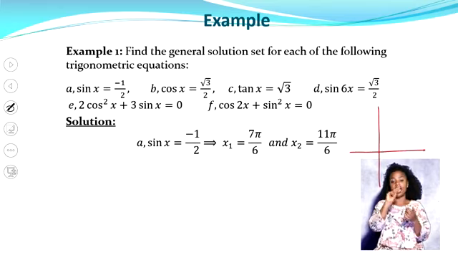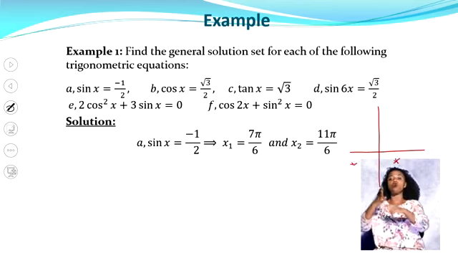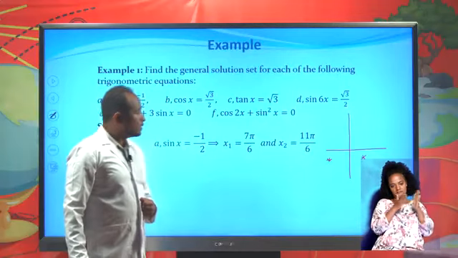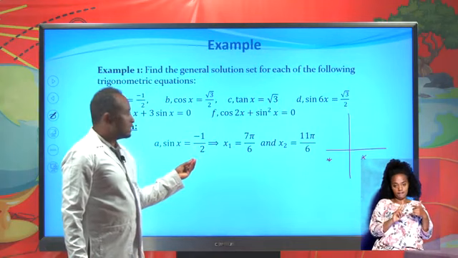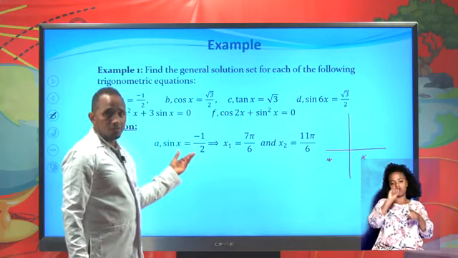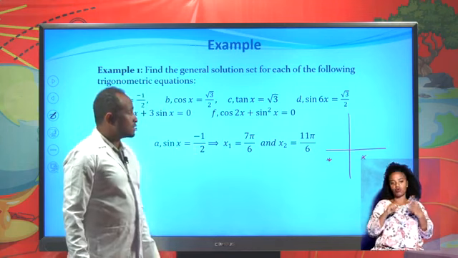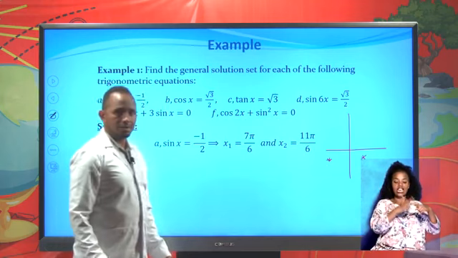Sine function is negative on the fourth quadrant and third quadrant. Therefore, half is the reference angle, since sine 30 gives you half. So the corresponding values of 30 on third and fourth quadrant angles must be determined.